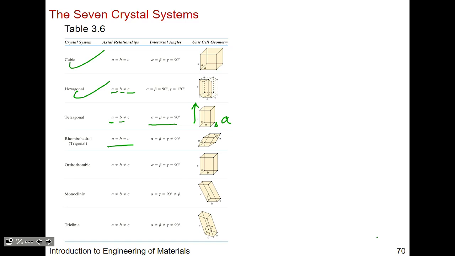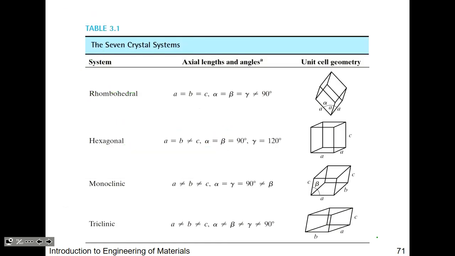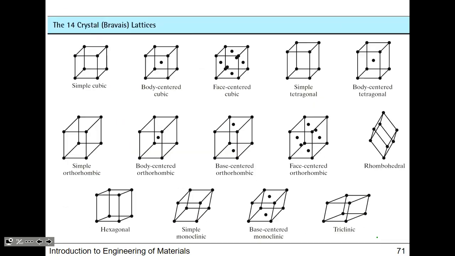And if you're an MSc, your next course on structural materials will go into all of this. And if you're not an MSc, you can still take it and learn all about the 7 crystal structures. But for this class, we're going to focus on the cubic and hexagonal systems. And then there's orthorhombic, monoclinic, triclinic, and all that. So you lose symmetry as you go on. Okay, so that's that.